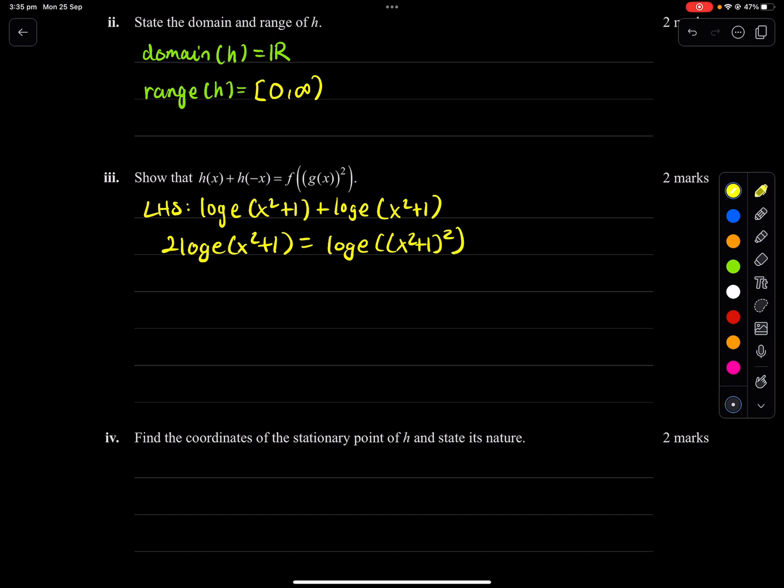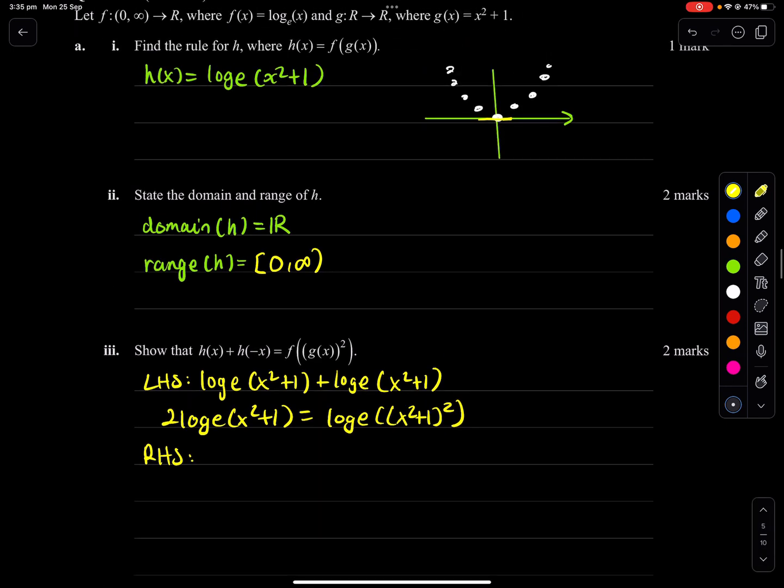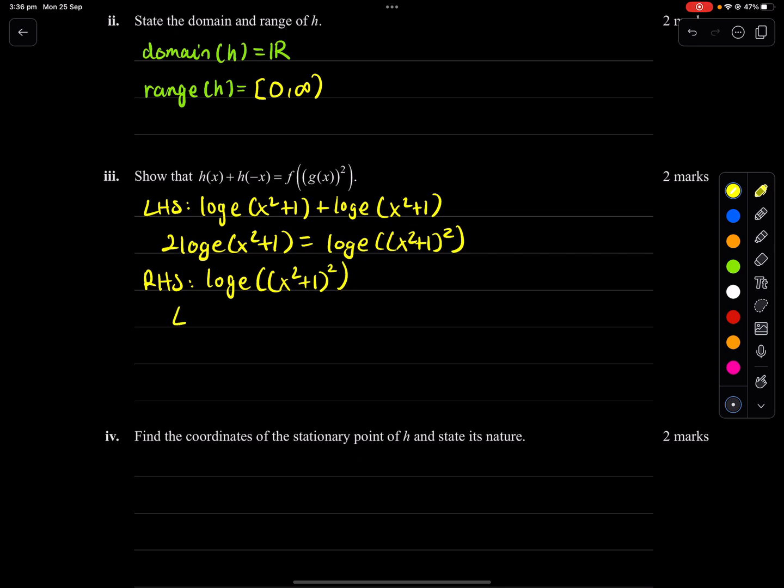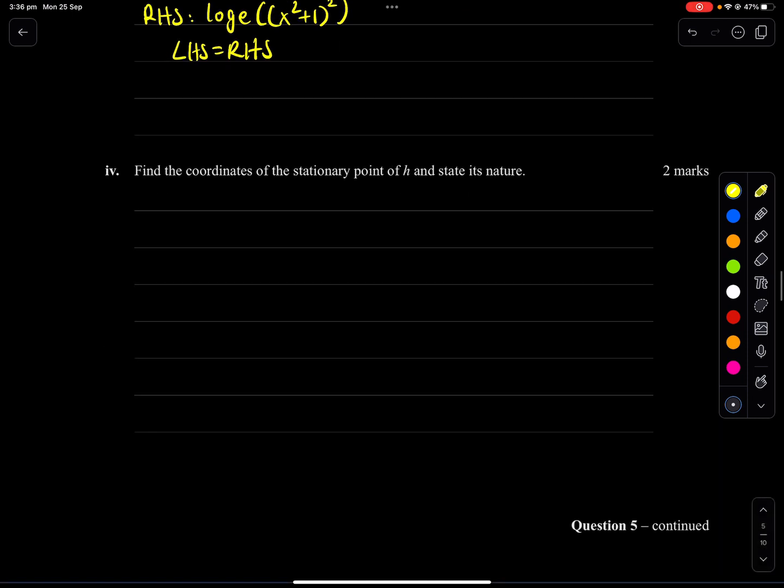And then we can say that right hand side is f, which is what? Log e of (x squared plus 1) squared. And we can say then your left hand side actually does equal your right hand side. So yeah, that's a good way to prove. Find the coordinates of the stationary point of H and state its nature.